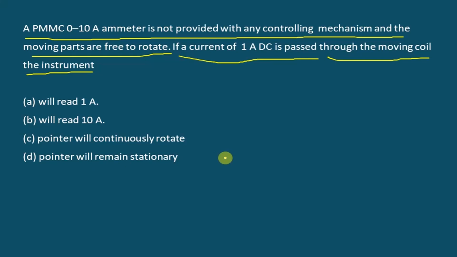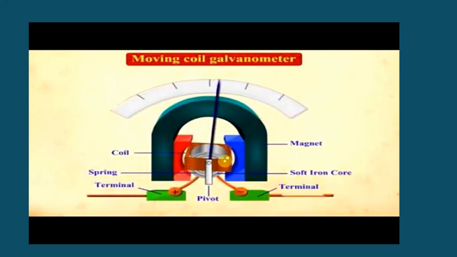Now I have already discussed what will happen whenever some input is given to the moving coil instrument, that is, whenever you are giving some AC signal or a DC signal to a moving coil instrument. Now, it is mentioned here that there is no control mechanism. Here you can clearly see this is the pointer.